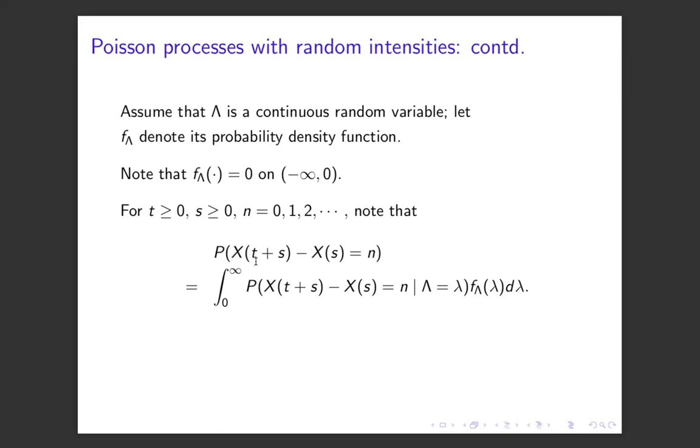So the probability that X(t+s) minus X(s) equals n, naturally we will first condition with respect to capital Lambda equal to little lambda, because we have a handle on this conditional probability, and then integrate over this density function.